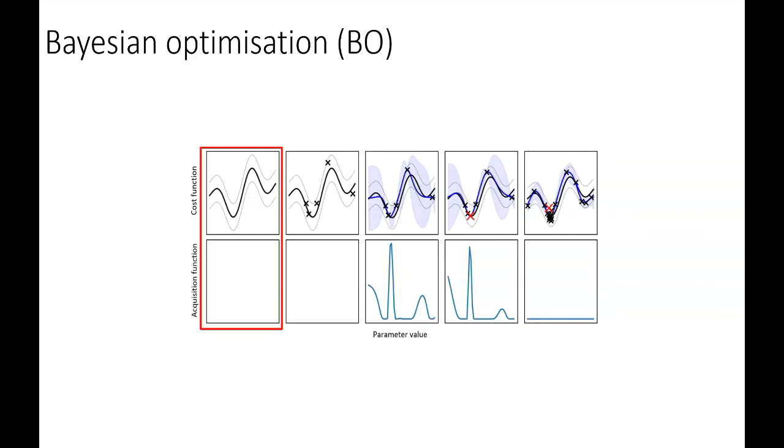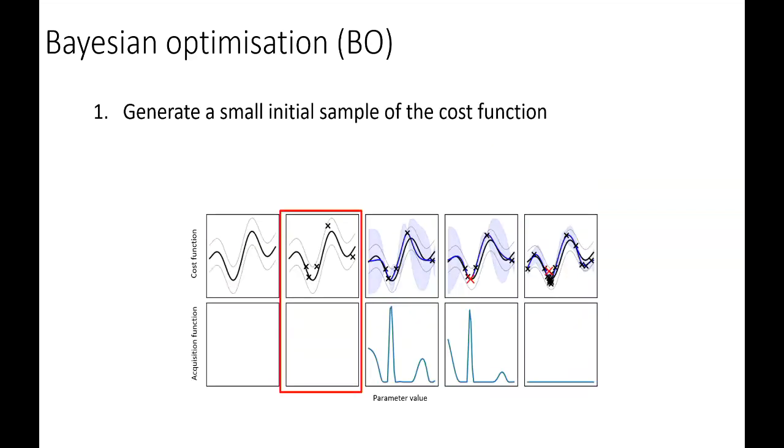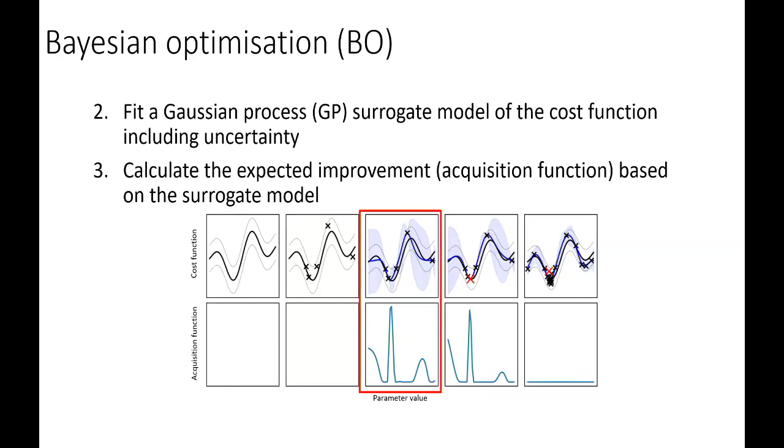Okay, so let's go through how this works. So imagine you've got some sort of cost function that you're trying to optimize. It's a noisy cost function. That's what we're trying to show there. The first step, right, is we just randomly generate a small sample of the cost function, right, with noise. And from that, we want to fit a surrogate model. So it's a Gaussian process surrogate model.